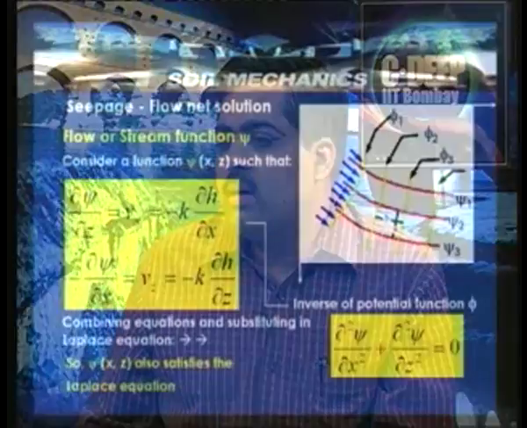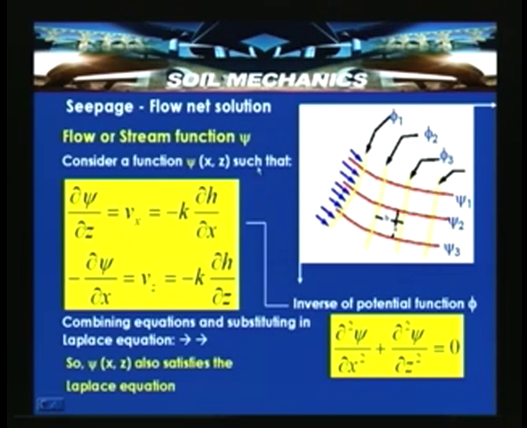For that, consider a function psi of x, z such that dou psi by dou z is equal to Vx, which is equal to minus k dou h by dou x, and minus dou psi by dou x is equal to Vz, which is equal to minus k dou h by dou z. Note that this psi is the inverse of the potential function.